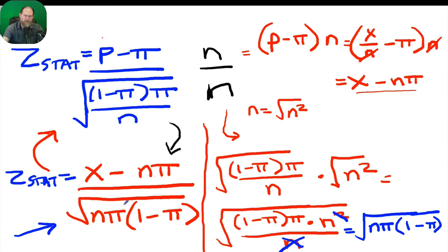Either way, it's the same formula. I don't teach this one because it looks complicated to me, and I fear that it looks complicated to you. And again, that would be like me using the wrong end of the magnet to attract something. It's just pushing the other thing away. It doesn't make any sense.